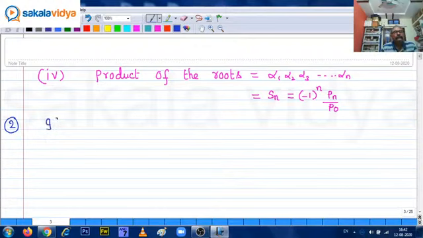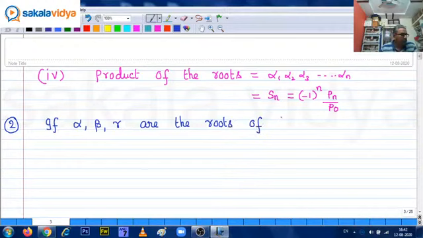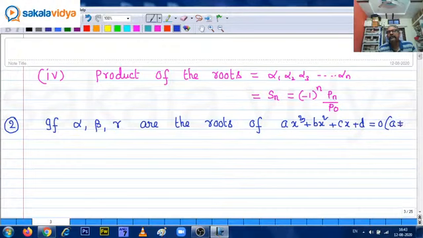If alpha, beta, gamma are the roots of ax cube plus bx square plus cx plus d equal to 0, a not equal to 0, then this is important actually.